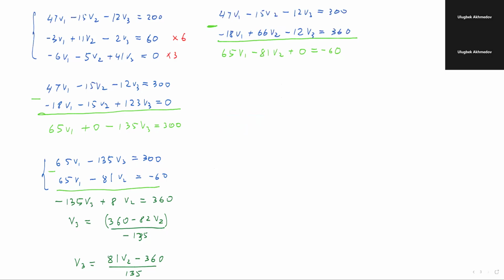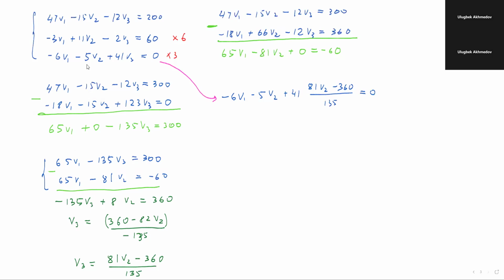So right now we know V3 and V2, and we know V2 and V1. So we can use the third equation over here. Plug this in. So negative 6V1 minus 5V2 plus 41V3, where V3 is equal to 81V2 minus 360 over 135.